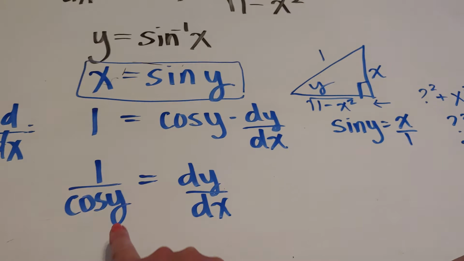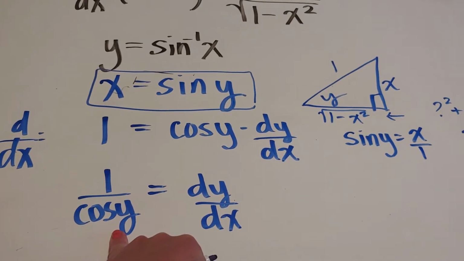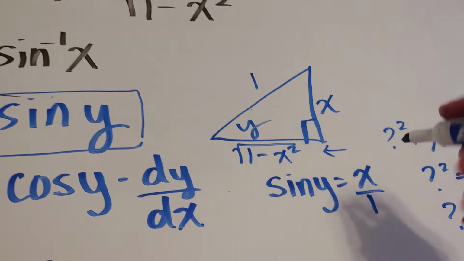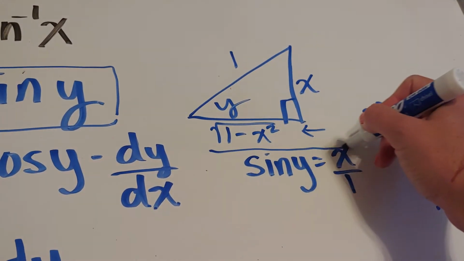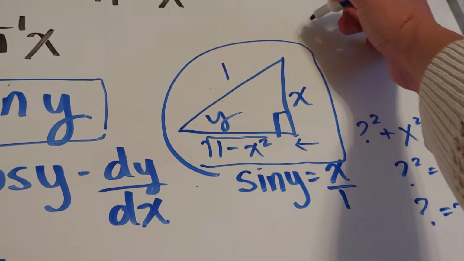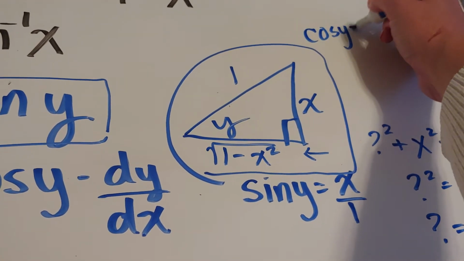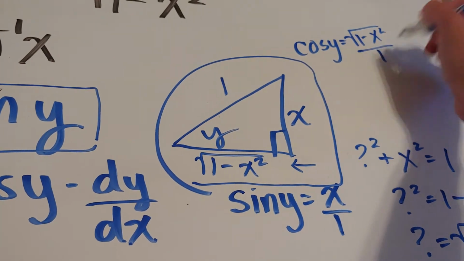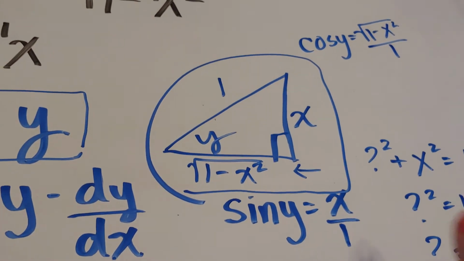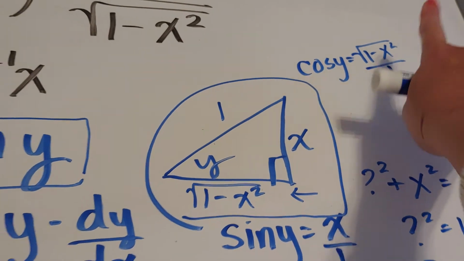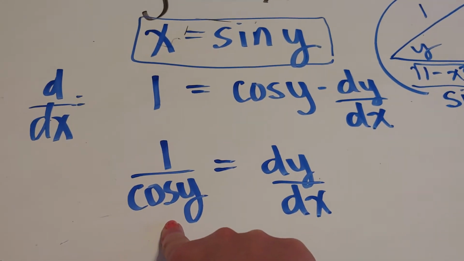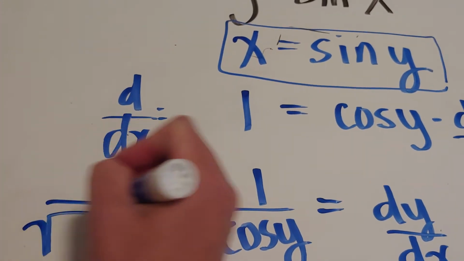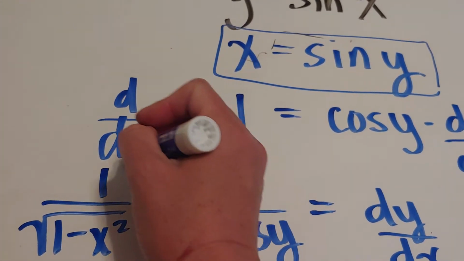Well, what's cosine of y? Cosine of y on this picture would be adjacent over hypotenuse. So I'm going to put that in for cosine y. When I do that, I will get 1 over the square root of 1 minus x squared.